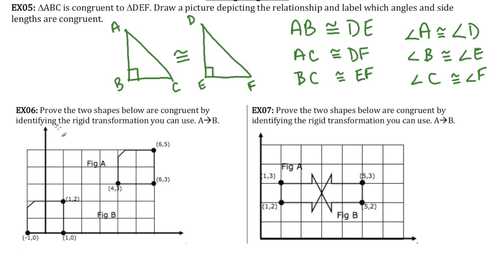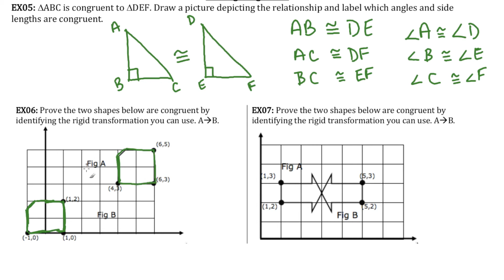So it says prove the two shapes. They're kind of hard to see, so I'll outline them a little better. Not perfect, but better than what it was.